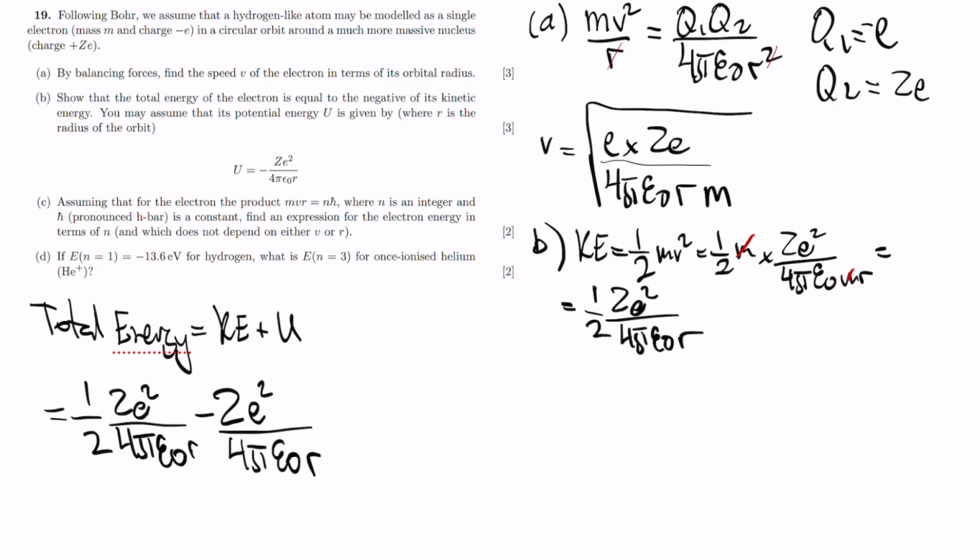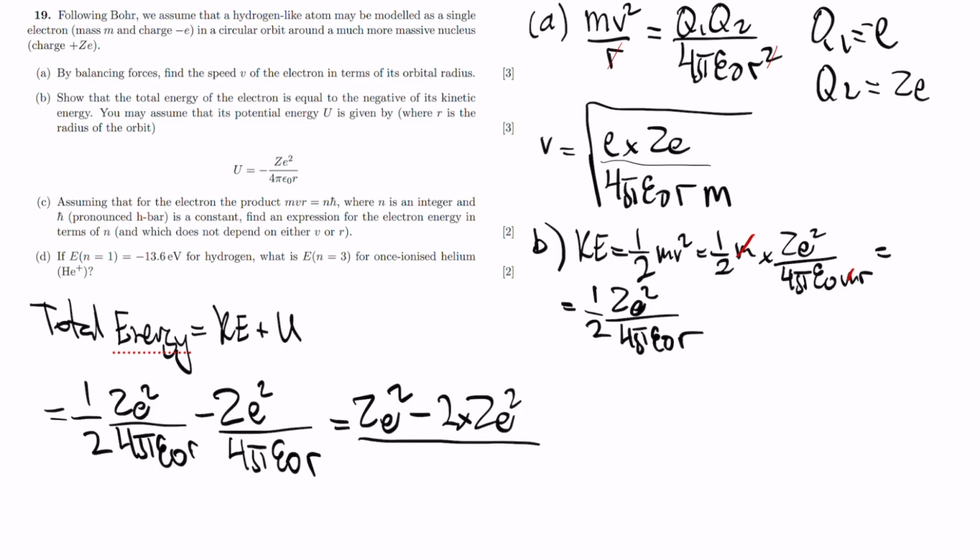I can just put these underneath a common denominator, because a half times a quarter, that's just an eighth, isn't it? So let's put these underneath a common denominator. So what we're going to get is Ze squared take away, here we have Ze squared, so it'll be take away 2 times Ze squared.